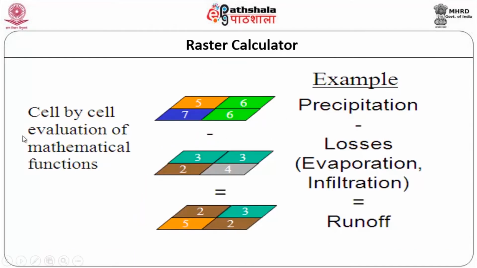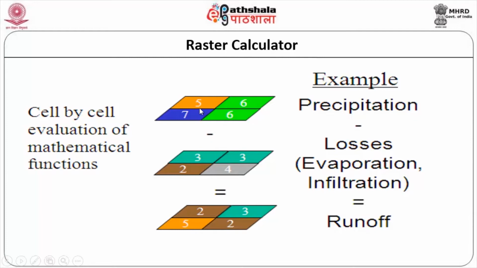This layer is a precipitation layer, and this layer is losses due to evaporation and infiltration. If from 100 millimeters of precipitation, 20 or 25 millimeters is lost in each cell, then you will have 80 or 75 depending upon the infiltration losses.